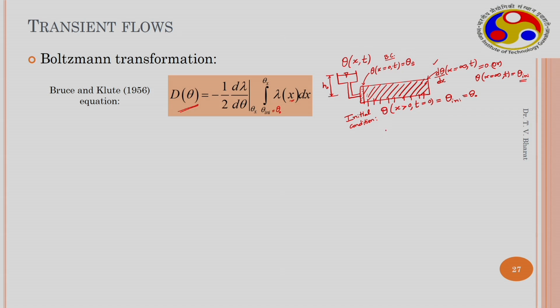We can establish theta at any given x at one particular time. So, the theta variation with respect to x at any particular time t1 can be estimated from the measurements. So, this is the measured data.